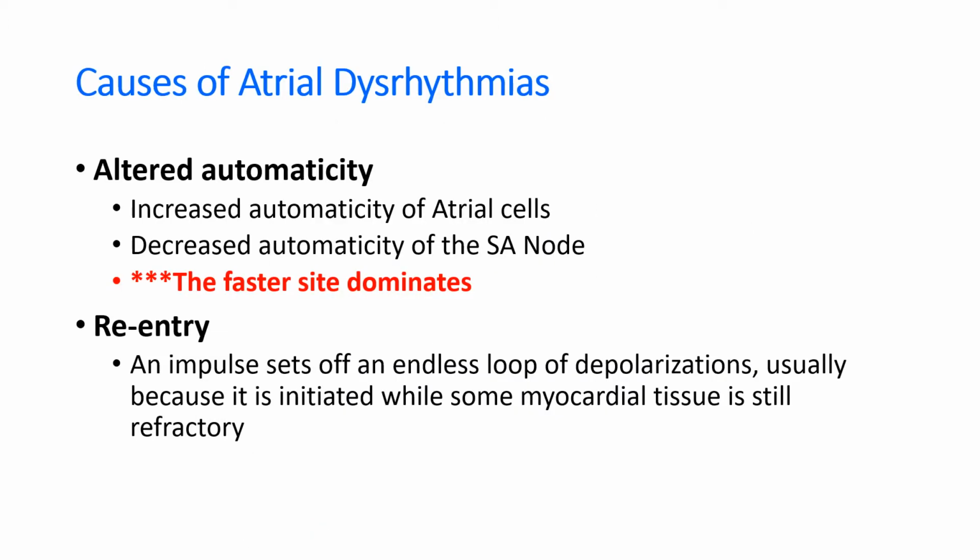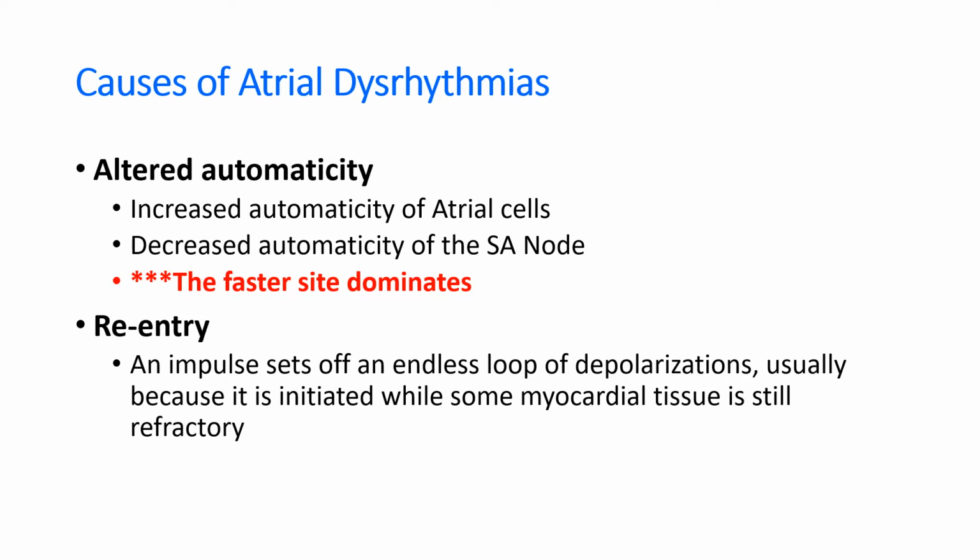The cause of your atrial dysrhythmias is usually an alteration in automaticity: an increased automaticity within the atrial cells, or a decreased automaticity of the SA node. So the fastest impulse will dominate the rhythm. If you have ectopic sites within the atria that are going faster than the SA node, those are going to become the primary pacemaker.